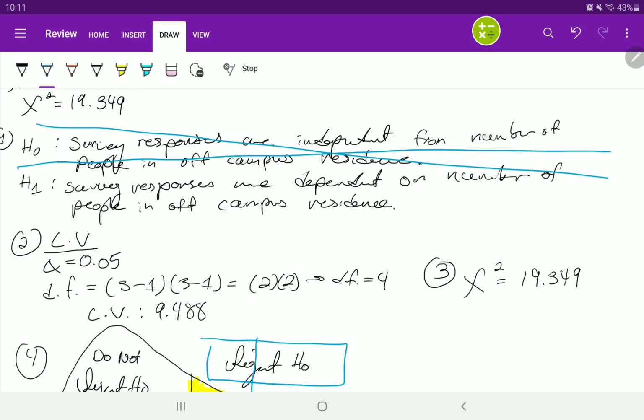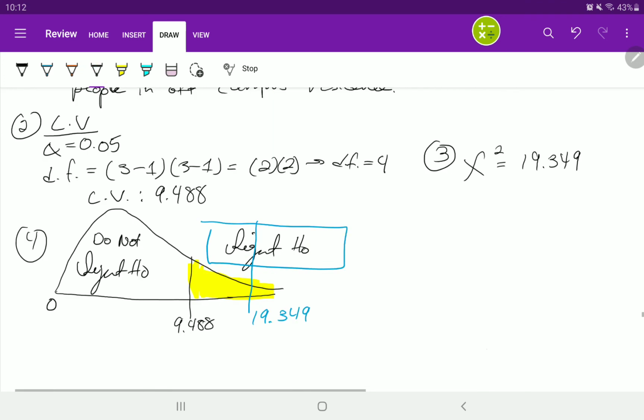So there is enough evidence to conclude that survey responses is dependent on the number of people living in off-campus residence.